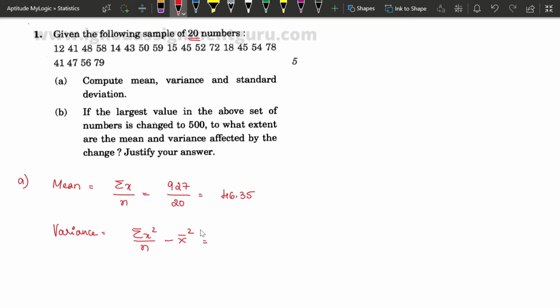Sum of all these squares, we will get 5273, divide by the number of values, which is 20, minus mean square, which is 46.35 square.